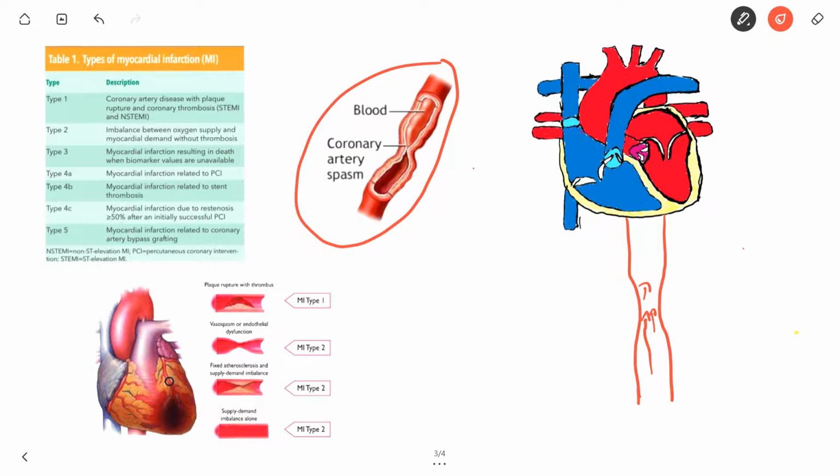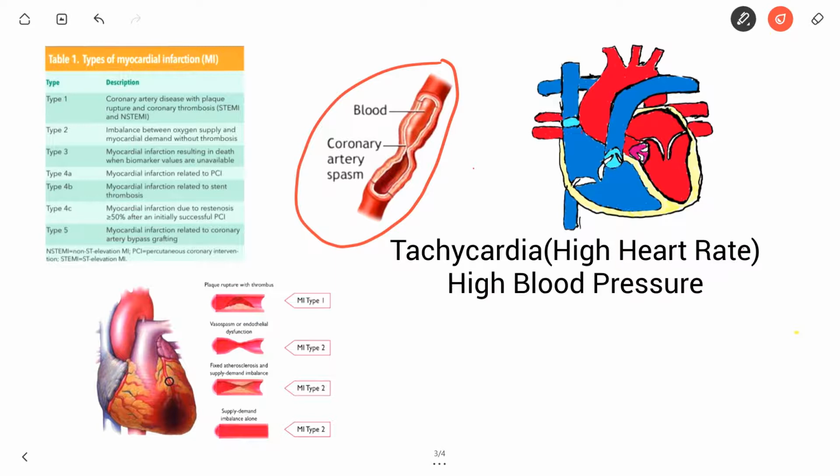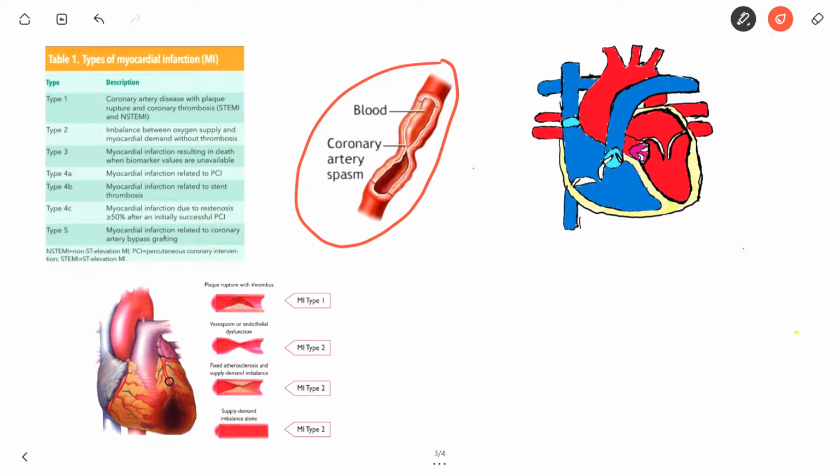A type 2 myocardial infarction can also happen when your heart is pumping ineffectively. This can happen when you have tachycardia, which is a high heart rate, or high blood pressure, or atrial fibrillation, or a heart murmur, or things like that. It's basically when your heart is pumping blood inefficiently.